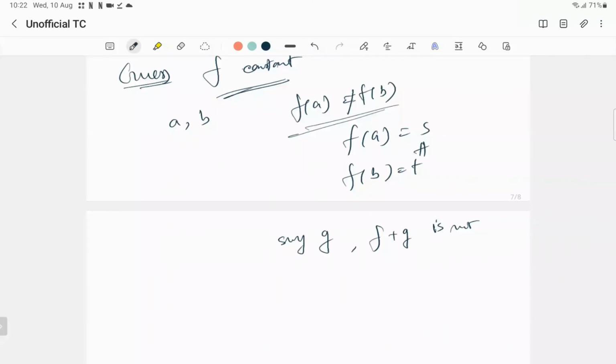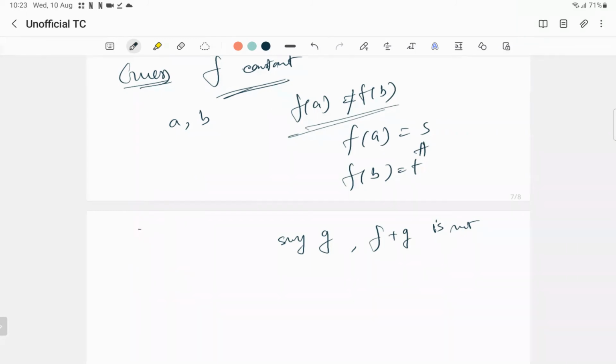Yes, so we have some set of values that f takes. Not finite, just some set of values. Is that what you're saying? Yes, sure. That is true.